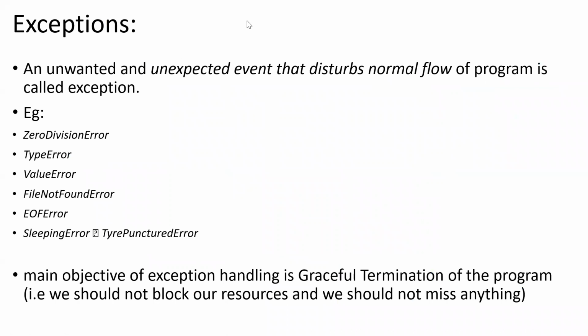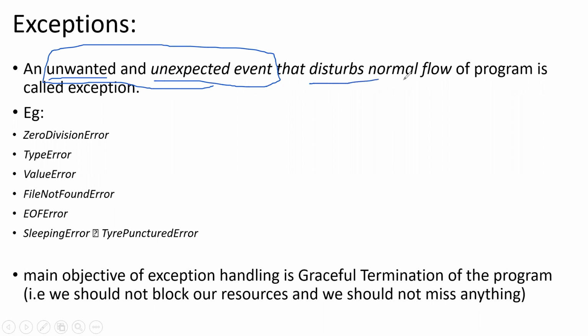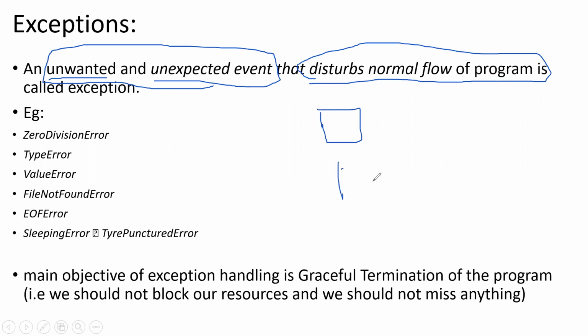An unwanted or unexpected event that disturbs the normal flow of the program execution. So 10 lines are there, 15 lines there, and there is some runtime error. Till now, Python will execute the entire code, but from here, it will not execute.